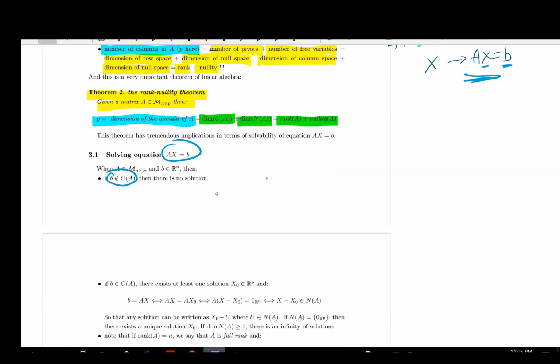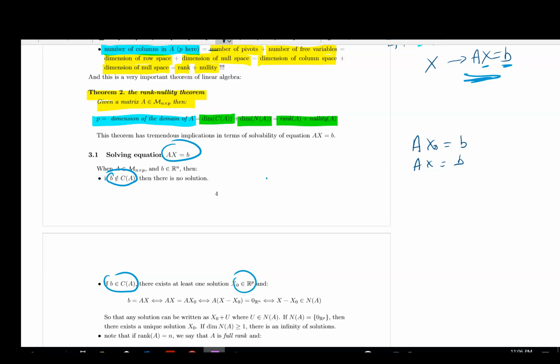We've already stated that. And if b belongs to your column space, you have at least one solution. Let's call that solution x0. Could you have any other solutions? Why not? So let's assume you've got two solutions, x0 and x. For the same b, you've got Ax0 equal to b and Ax equal to b also.